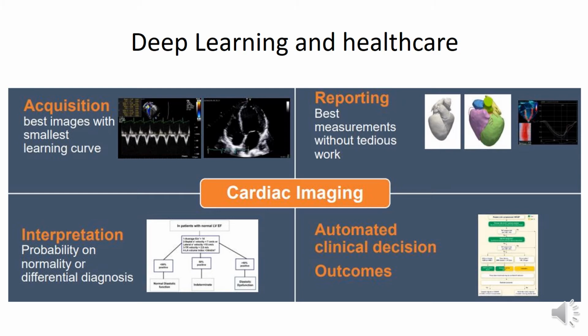And specifically with the integration of deep learning within healthcare, it can help with better image acquisition, and we are seeing research especially with echocardiograms, CT, and MRI. It can improve the workflow associated with image interpretation and reporting, and it can automate clinical decisions. The latter will obviously take time, as it will take humans a while to trust machines and algorithms making decisions on their health and disease conditions.